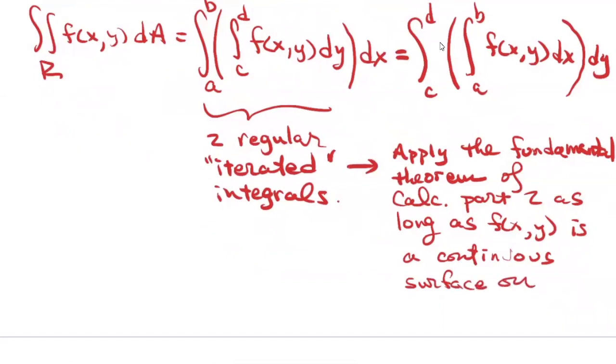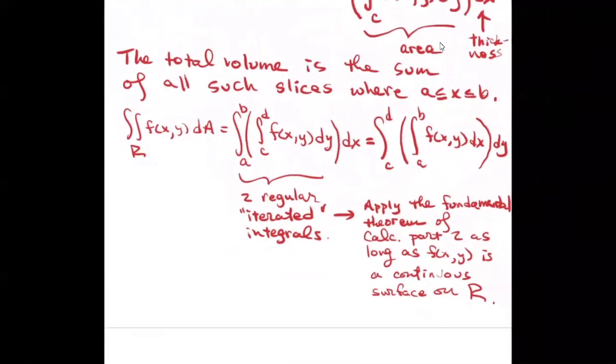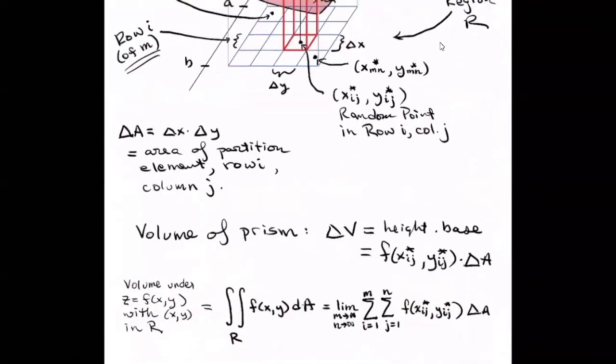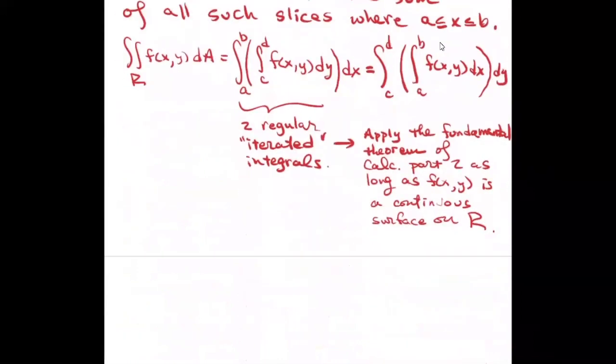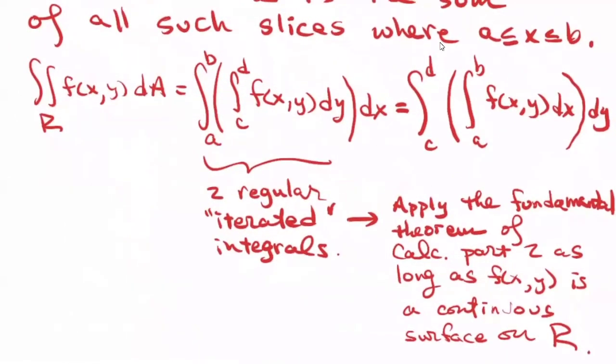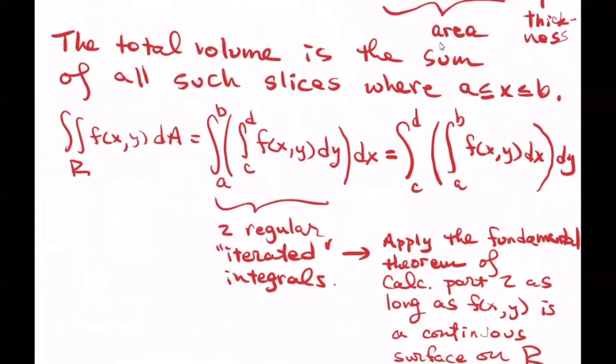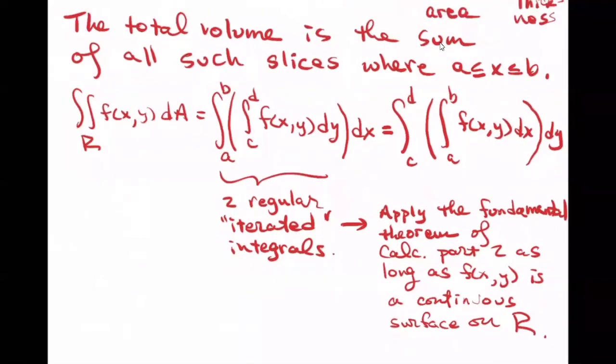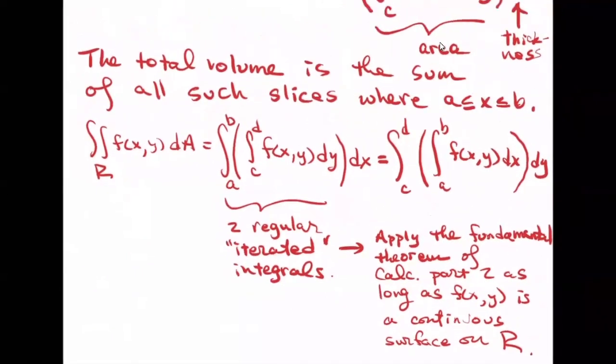On, I think the region was called R. I'm just going to check that real quick. Yeah, region R. So Fubini's theorem is there just to tell you that you could use the fundamental theorem of calculus with these things that we call iterated integrals.